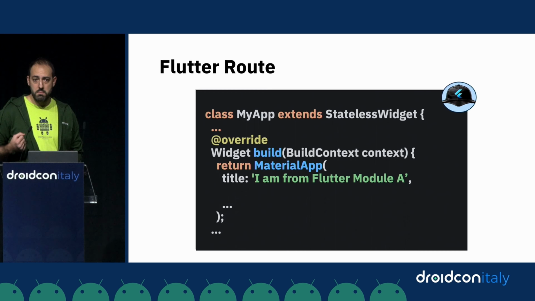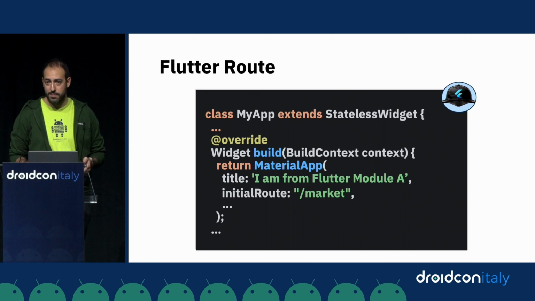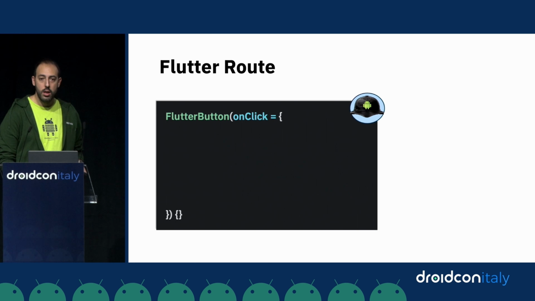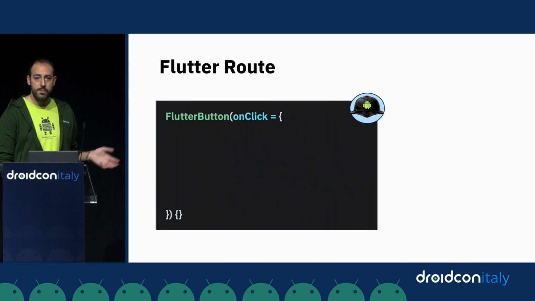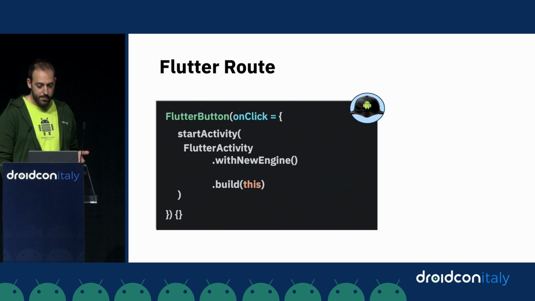So we are going back to our Flutter part in our app, and we can set the initial route. In this case it is /market. So on Flutter button, we can just manage the onClick, and we can start an activity.